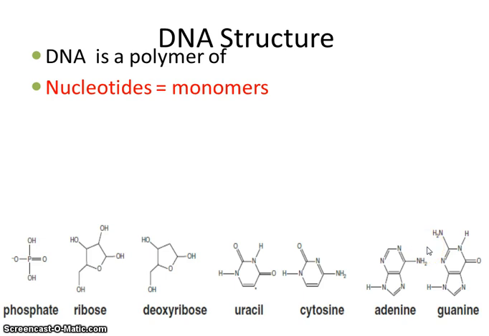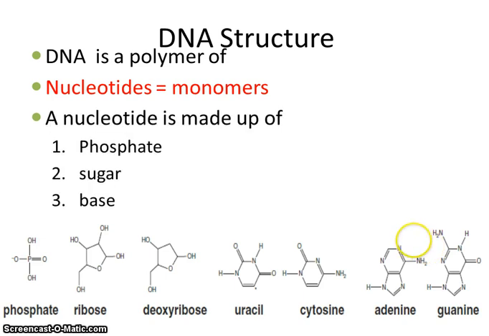Okay, what are those three structures? Well, they represent the three components of a nucleotide. A phosphate group, and you can see that's labelled here. A sugar molecule, and there are two sugar molecules here, one called ribose, one called deoxyribose. One's found in RNA, one's found in DNA.